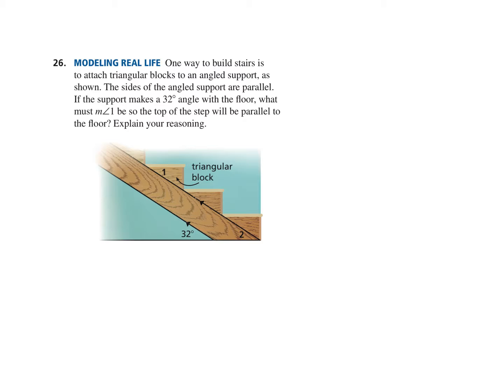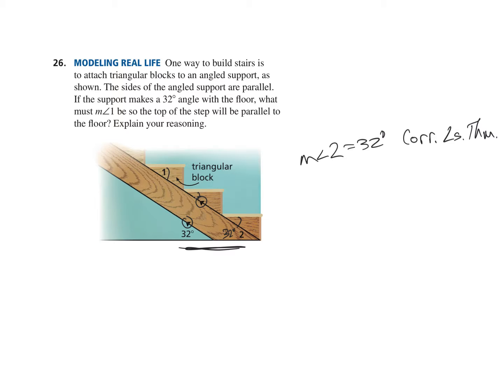If this is 32 degrees, angle 2 is 32 degrees because of these parallel lines. Those are corresponding angles, so angle 2 is 32 degrees by the corresponding angles theorem. And if that's 32, we look at all of this. Angle 1 is here, angle 1 is there, and there.